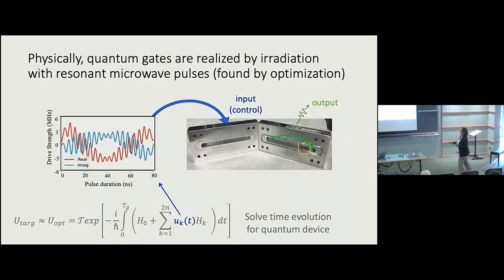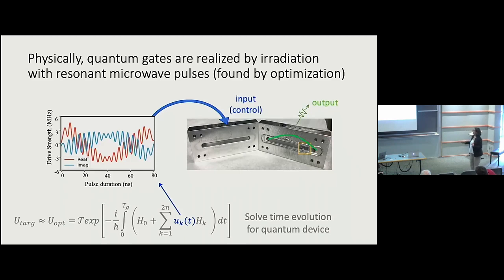In practice, how are these microwave pulses determined? Well, what is done is the following. You want to realize a certain unitary transformation. What you do is solve the time evolution of the quantum device, knowing its unperturbed Hamiltonian, and then the interaction Hamiltonian due to these microwave pulses.